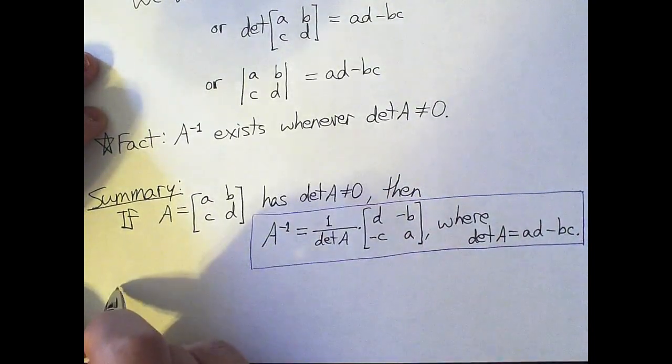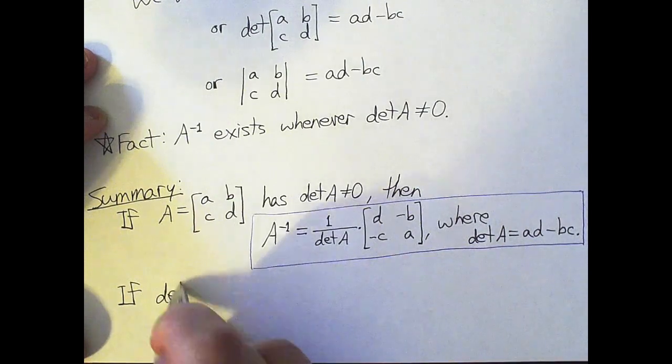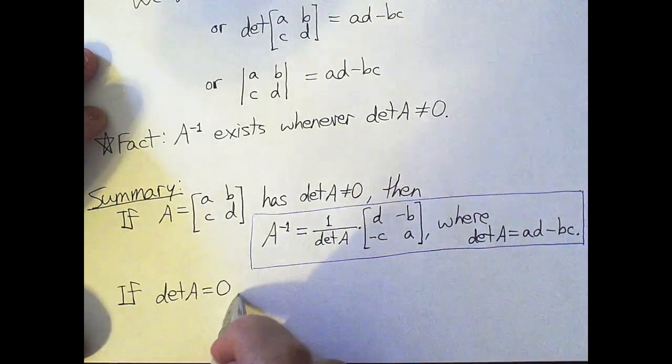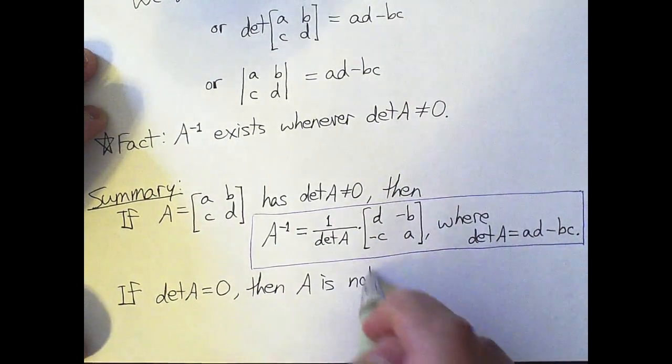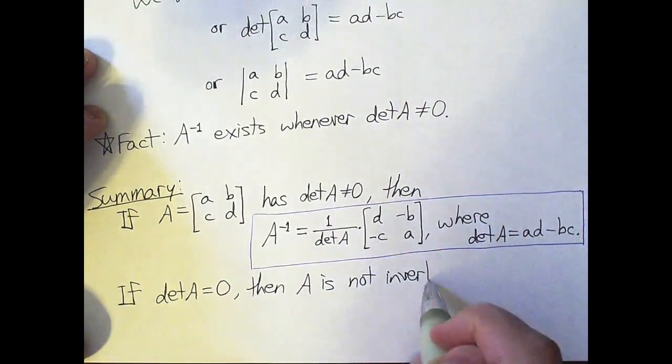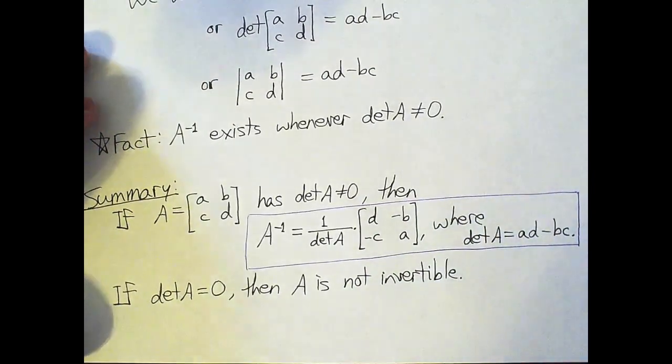And also I'll say that if the determinant of A does equal 0, then A is not invertible. So that's a good summary of what we found out, what we derived.